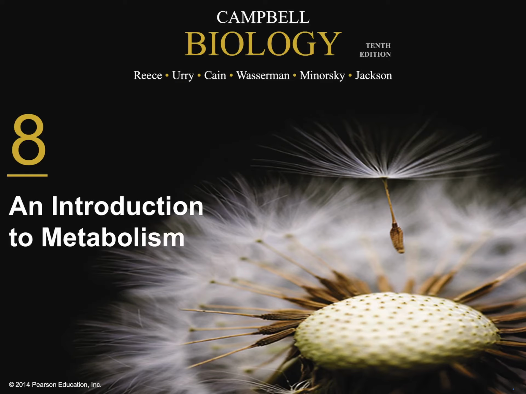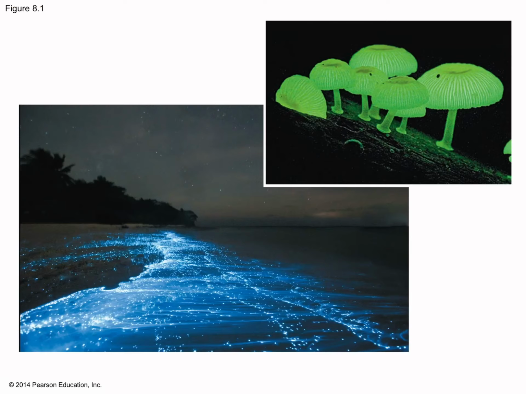And there are good examples of this energy conversion that I can show you right here. These are two examples of what's called bioluminescence. Many organisms actually produce light as a result of their ability to extract energy from food. Take a look at these mushrooms, for example. They're glowing in the dark. Well, they're producing light.